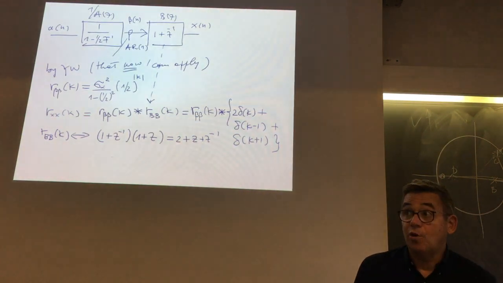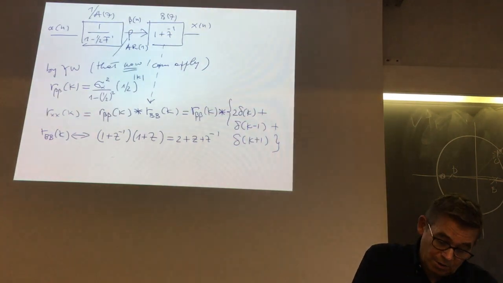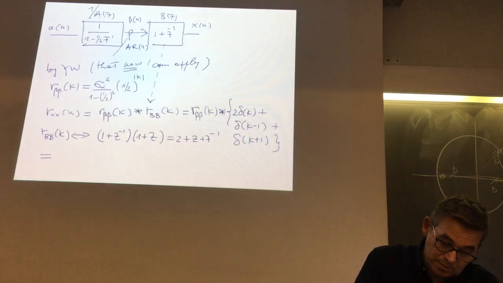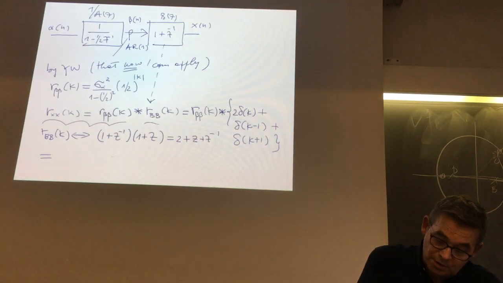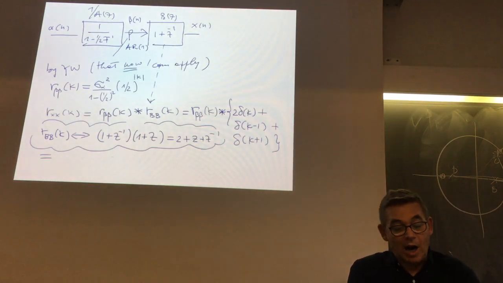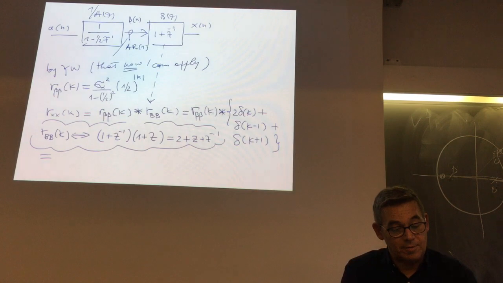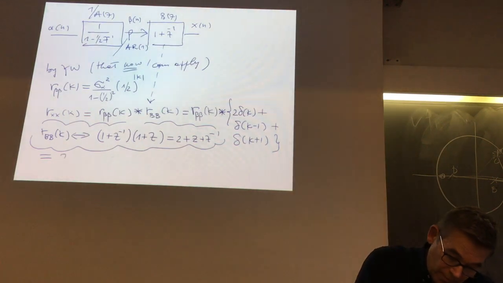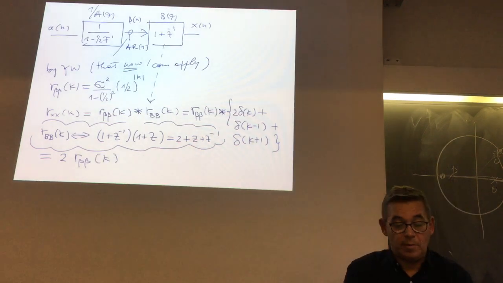So the closed form becomes, this is just the computation, 2 times R beta beta k.